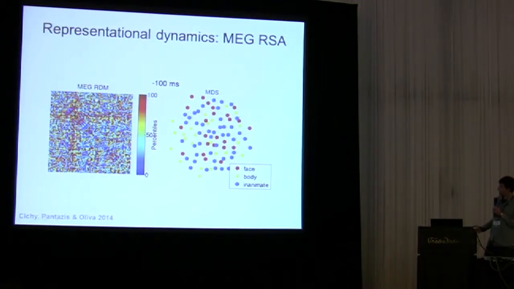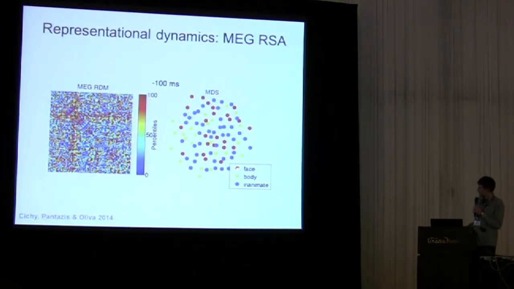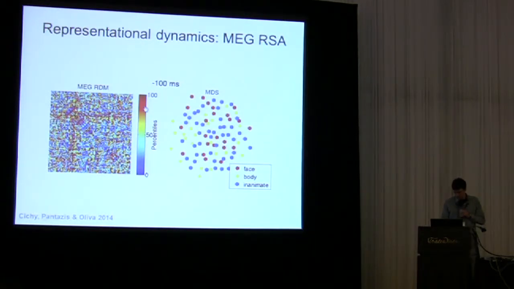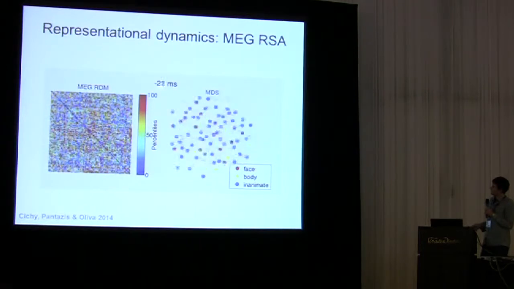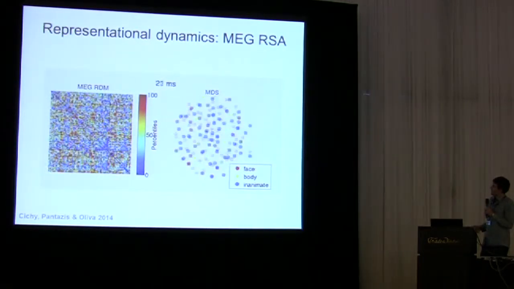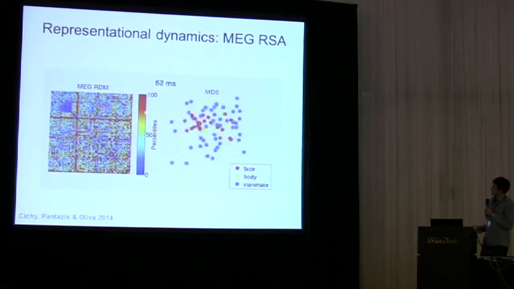So this is the RDM 100 milliseconds before stimulus onset. This is a multidimensional scaling arrangement of the stimuli, a visualization of the representational geometry, with these colors coding for the different objects. Let's see if this works. You see this running, the stimulus comes on now, and first everything is different from everything else.